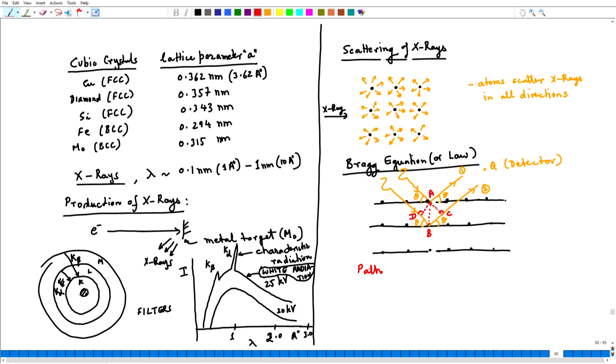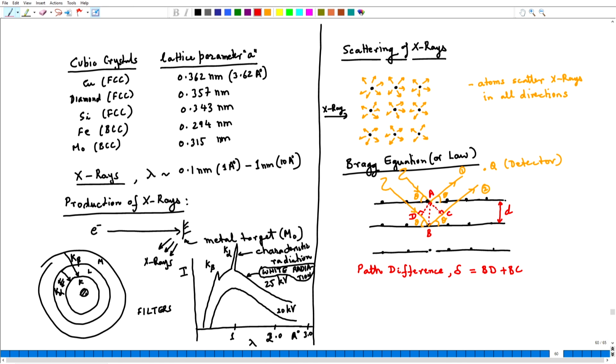Now, what is the path difference for these two rays 1 and 2? So, path difference delta would be equal to BD plus BC. See, BD and BC are the extra distance that ray 2 has travelled as compared to ray 1. Therefore, the path difference between the two rays 1 and 2 would be BD plus BC. Now, let us say that the interplanar spacing of these atomic planes is d.